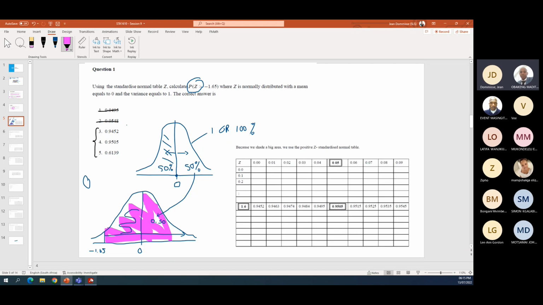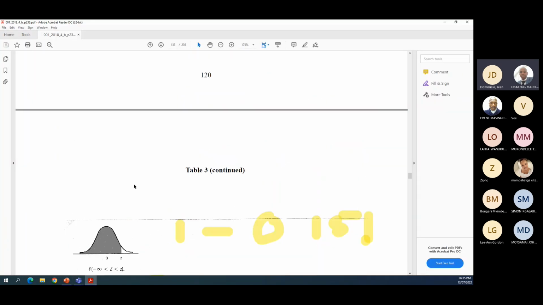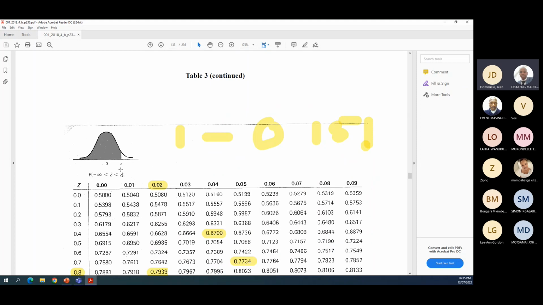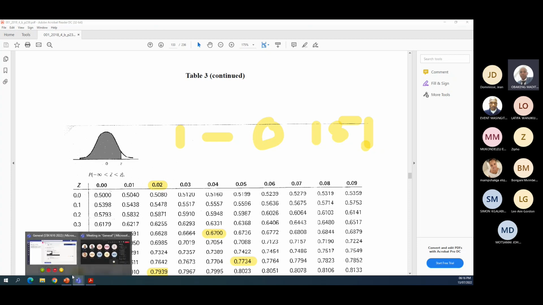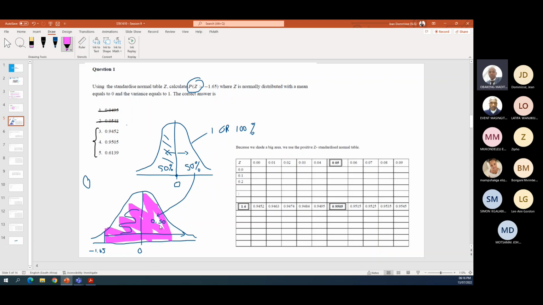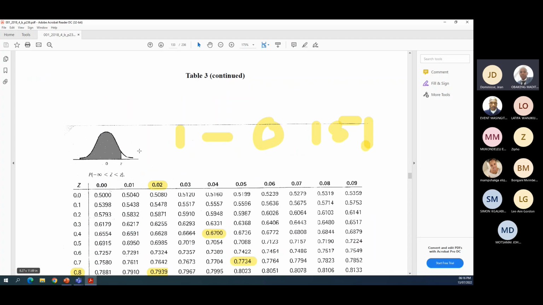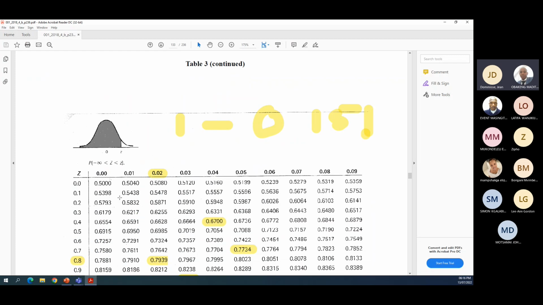Let's just look at those two tables. The first table is nearly the opposite. I'm actually looking for that bigger area, so it might be that we can use this table. There's a bigger area.